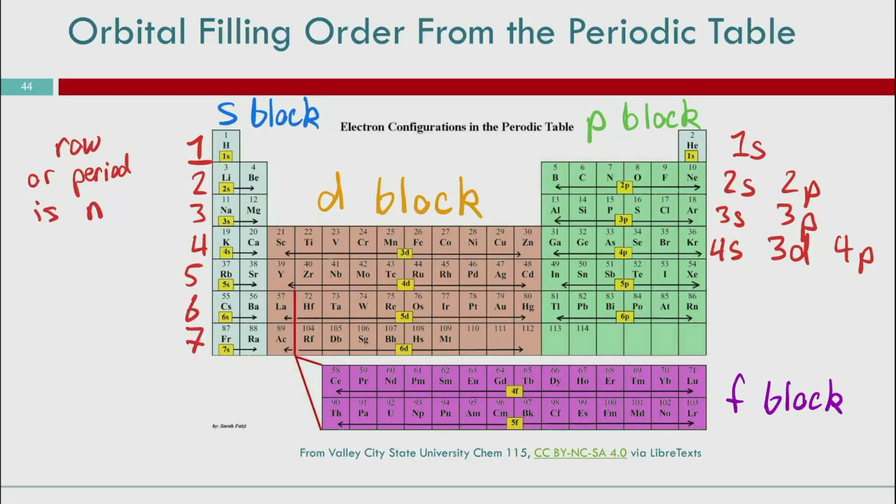So the only really tricky thing, I think, for using this method to figure out the order, this is the correct order, by the way, is remembering for our 3D, the first time it shows up, this top row of our D block is 3D, not 4D. So it's one less in the D block than the period number.